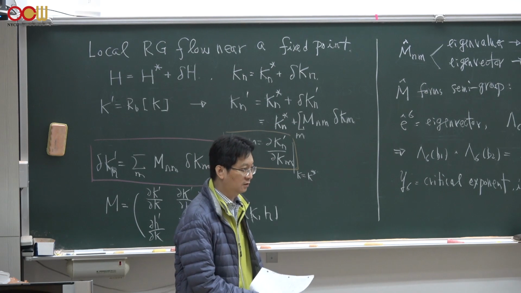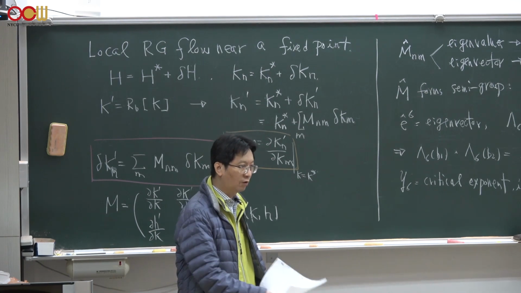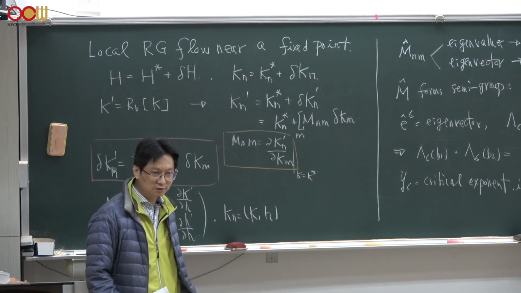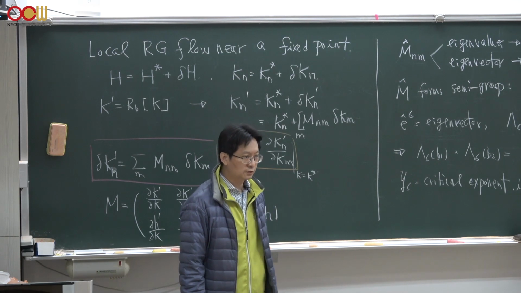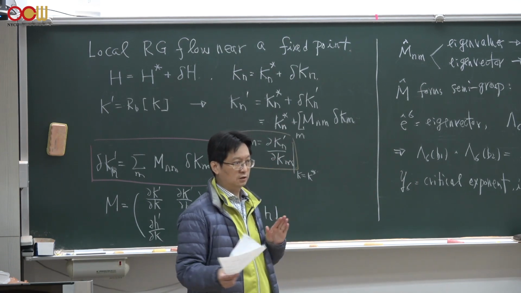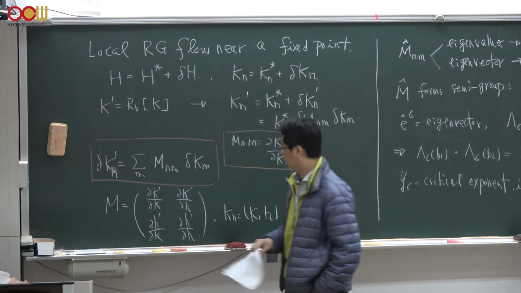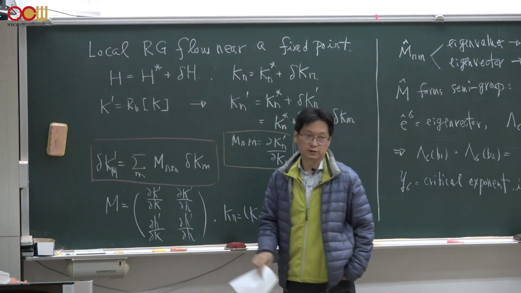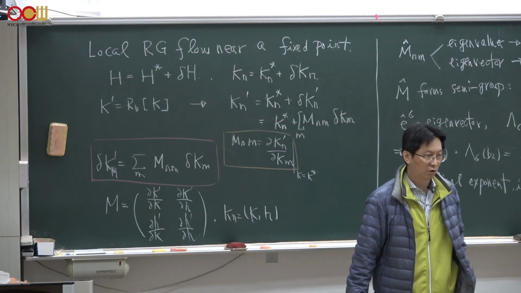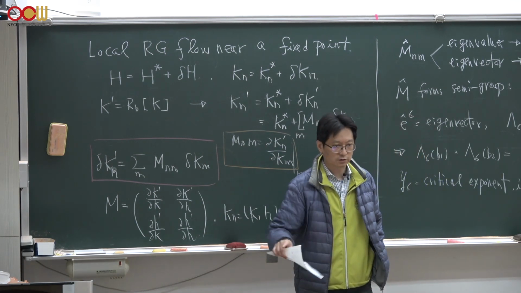So each coupling constant under RG transformations acquires contributions from all of the coupling constant changes. Okay, so it's a linear superposition of little differences along all these directions of the coupling constant vector. Therefore, we could use the matrix product to rewrite this delta Kn prime in terms of such a linear superposition of all the tiny coupling constant changes along all the directions.